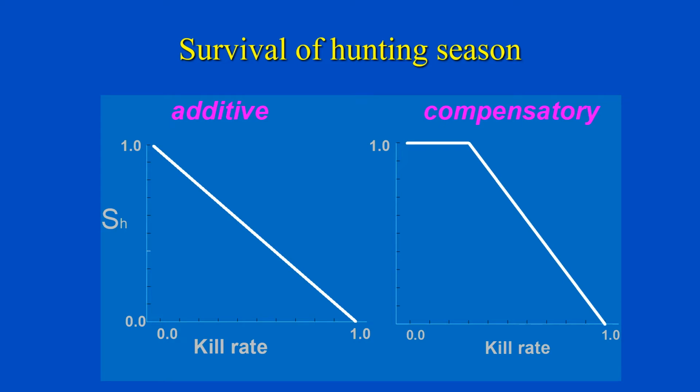One is the idea that survival during the hunting season is what we call additive, and I'm sure you've heard this in some of your earlier wildlife ecology courses, where basically the idea is that if you remove an animal from the population because of hunting, that's just going to reduce the survival of that group of individuals by the amount of the harvest. Okay, so that's additive. So harvest mortality is additive to natural mortality.